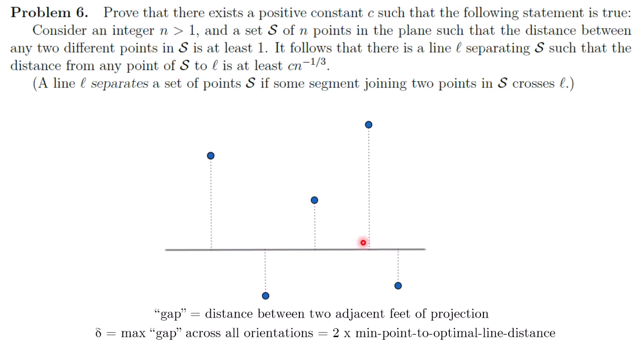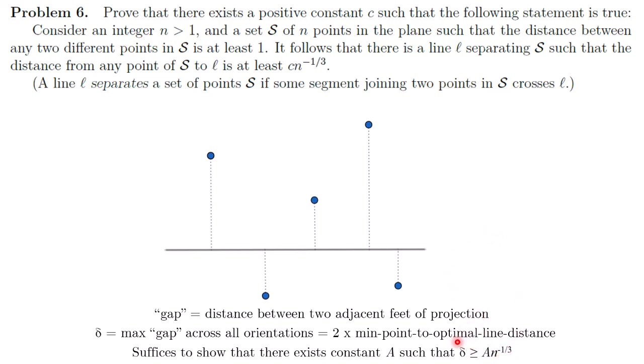But of course, I can project in a different direction, and I have a different collection of gaps. And I'm going to let delta be the maximum gap across all orientations. By what we just argued, this is going to be twice the min point to optimal line distance. Therefore, it suffices to equivalently show that there exists a constant a such that delta is always at least a times n to the minus 1/3.